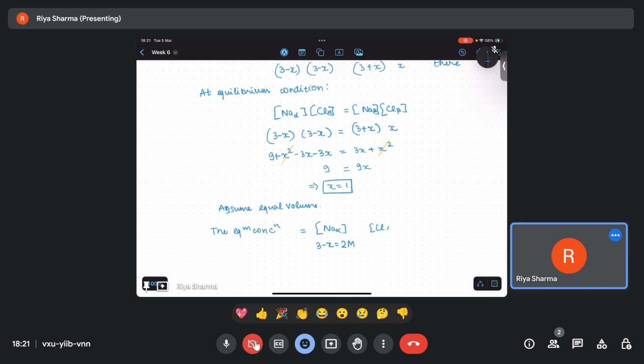Cl alpha, it was 3 minus x, will again be 2, and Na beta will be equal to 3 plus x, which equals 4 millimoles or moles per liter, or 4 molality we can write. Cl beta will be equal to x, which equals 1 mole.